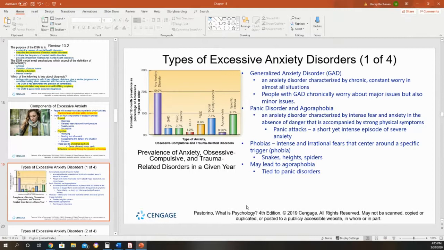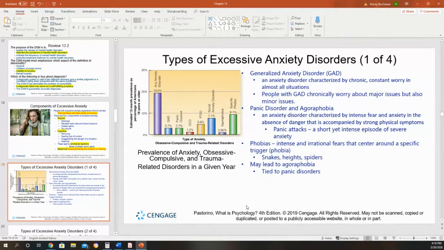So agoraphobia is like fear of social situations, fear of leaving one's house. So agoraphobes may not leave their house for months on end. They avoid social situations, avoid leaving. And the reason that is, and why it's tied to panic disorders, is they usually suffer from panic disorders.